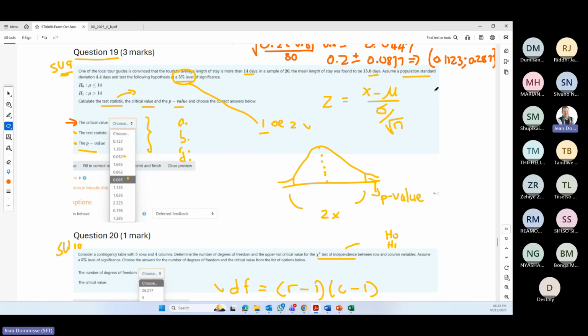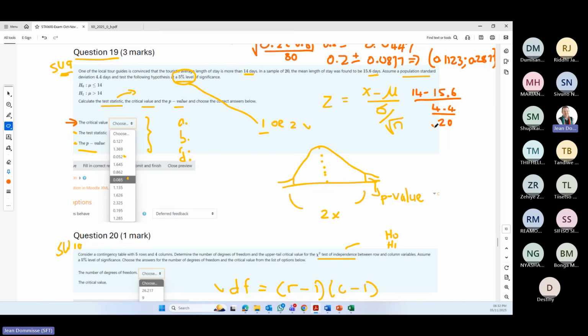Okay, so assume population standard deviation. So that's cool. Population standard deviation, we're working out a Z. So population standard deviation is 4.4 divided by the square root of n, which was 20.